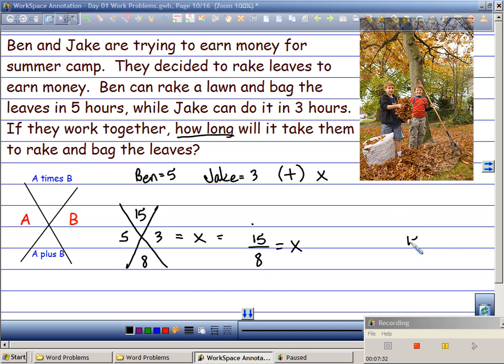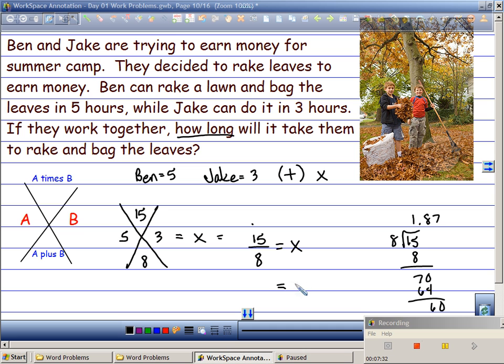So let's go over here and look. 15 divided by 8. 8 goes into 15 once, with 7 left over. 8 goes into 70 how many times? 8 times 8 would be 64. 8 goes into 60 how many times? 8 times 7 is 56, and that's close enough.